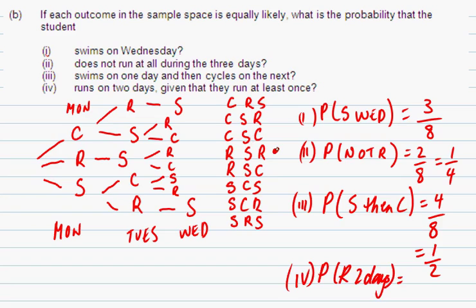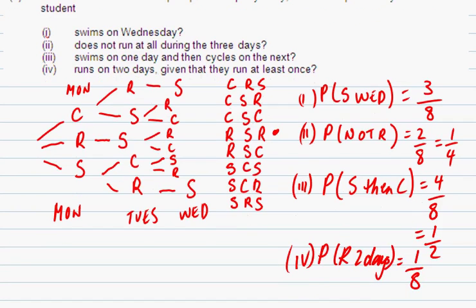Run on a run is only 1 time out of the 8, so 1 out of 8 is the probability of running on 2 days. So the important thing is to really get your tree diagram correct, list out the sample space so you can see easily what the different outcomes are, and then you can answer the probability questions.